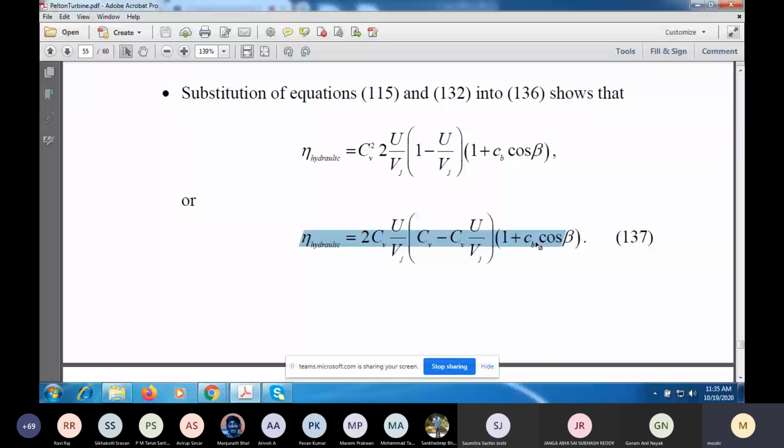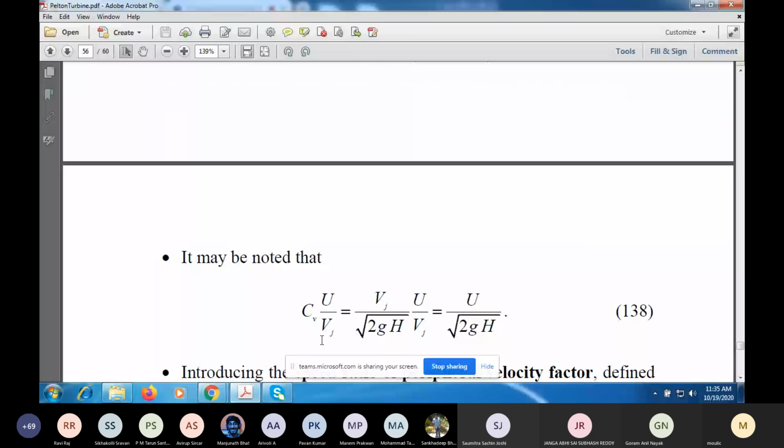Now you see that CV into U by Vj is appearing outside as well as inside. So let us see what this quantity is. By definition, the velocity coefficient of the nozzle is the actual jet velocity by square root of 2gh. And if you multiply it by U by Vj, then the Vj in the numerator and the Vj in the denominator cancel out, and you get U by square root of 2gh.